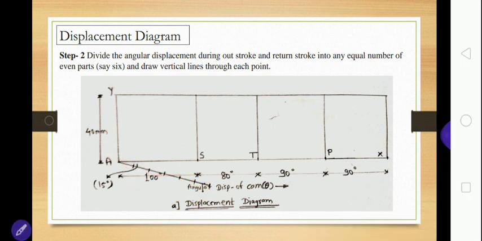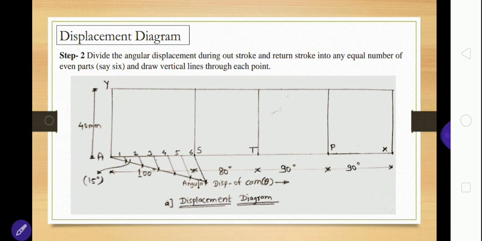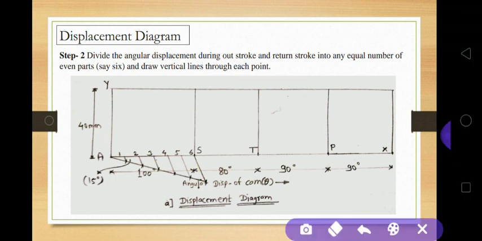After dividing it, join this S to the 6th spaced point first. After that, parallel to this line, draw again a line joining the second last spaced point, again the third point, again the fourth point, fifth point, and sixth point.